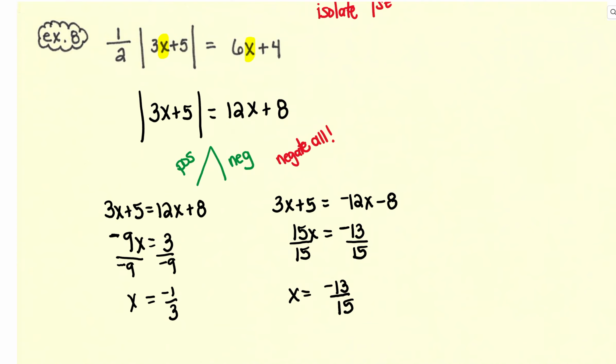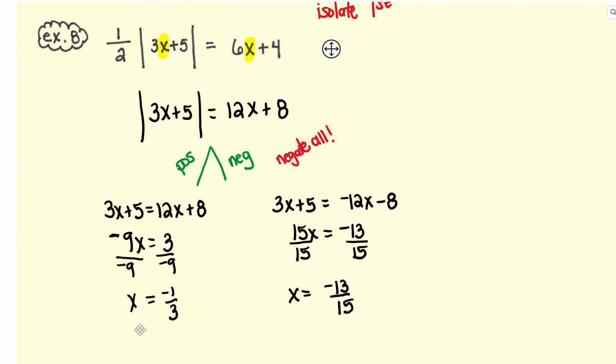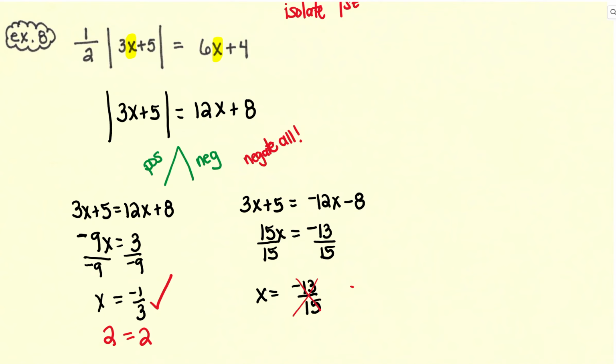When I put negative 1/3 over here, I get a 2. And when I put negative 1/3 over here, I also get 2. So this one checks. Now on the other side, this one right here does not check. One side does not equal the other side.